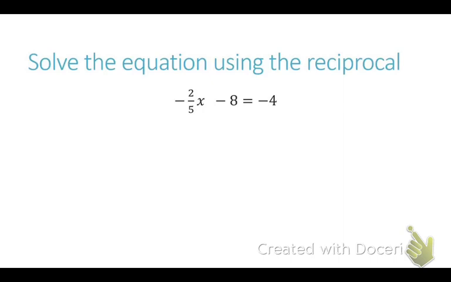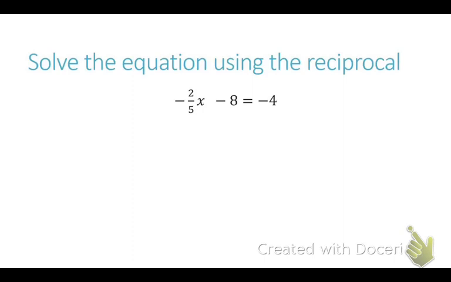What would you do first? Two-step equations, guys. You must move everything that is not connected to the variable first, before you do the reciprocal.